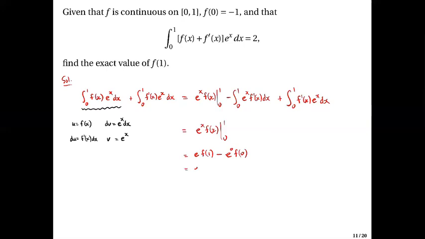So here we have e times f of 1 minus e to the 0, that's just 1. And f of 0, it's given to be negative 1. So simply this is just e times f of 1 plus 1.